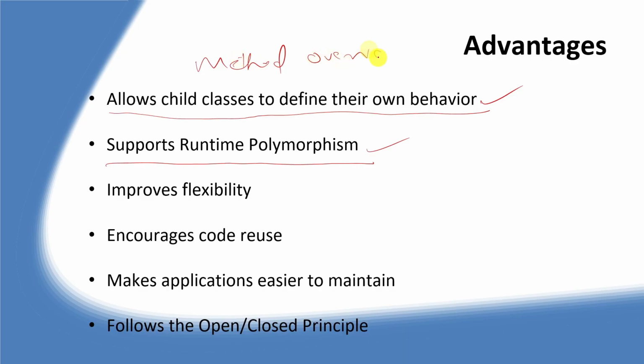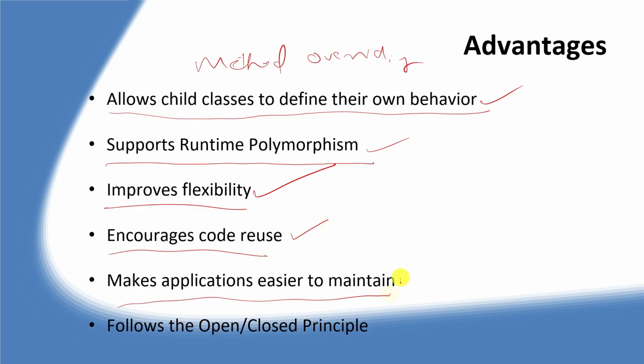It improves flexibility, encourages code reuse, and makes the application easier to maintain. Why easier to maintain? Because we are following the open closed principle.